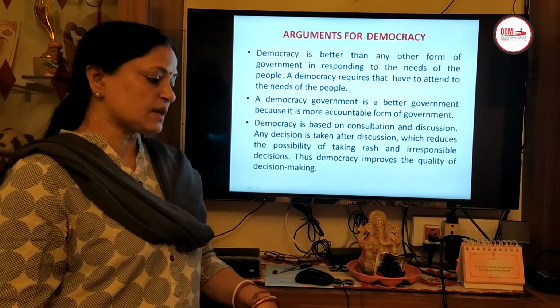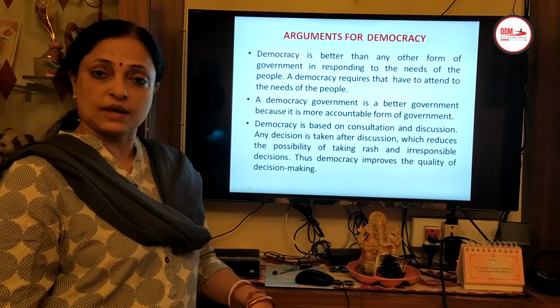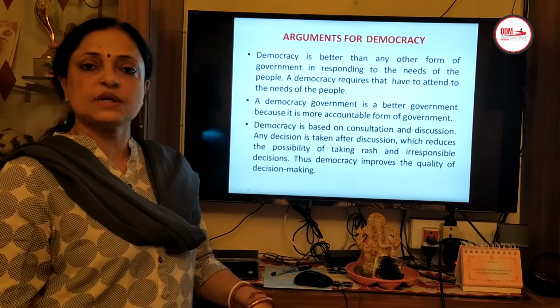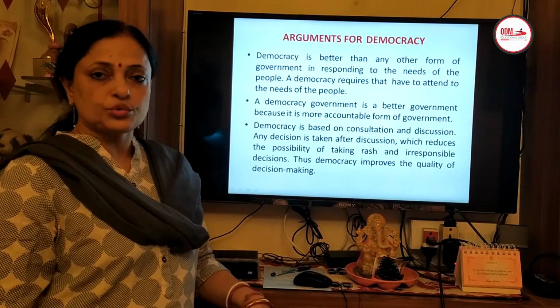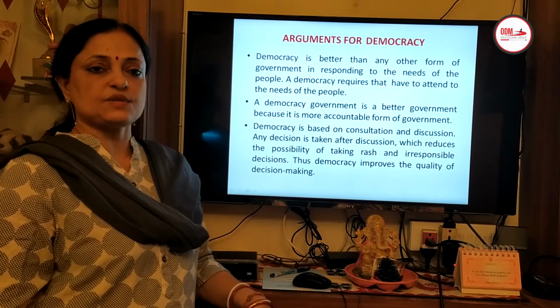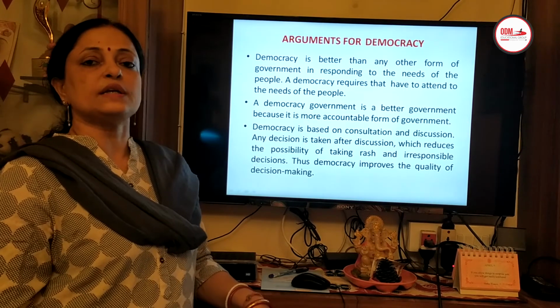So democracy is better because it is more accountable. Accountability means being responsible. It is the responsibility of the government to look after the welfare of the people. That is why it is the best form of government, because they look after the needs of the people.